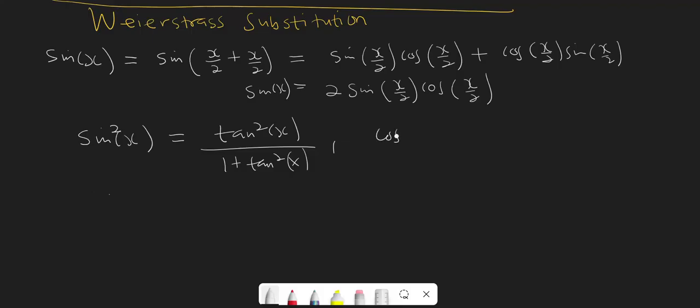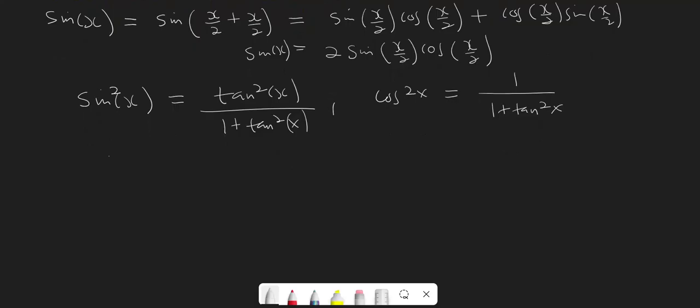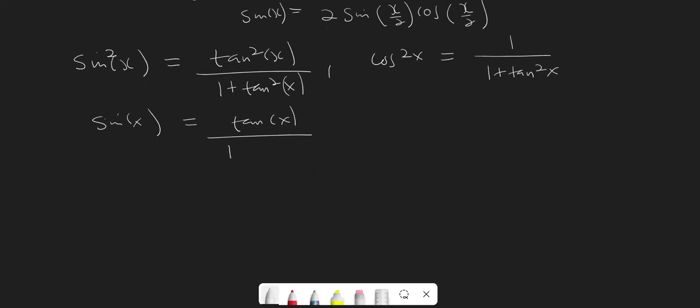And we also have cosine squared x is equal to 1 over 1 plus tan squared x. All of this was proved in the previous video. So you can find sine x: sine x will be equal to tan x over the square root of 1 plus tan squared x, by taking the square root on both sides. We also have cos x, which is 1 over the square root of 1 plus tan squared x.